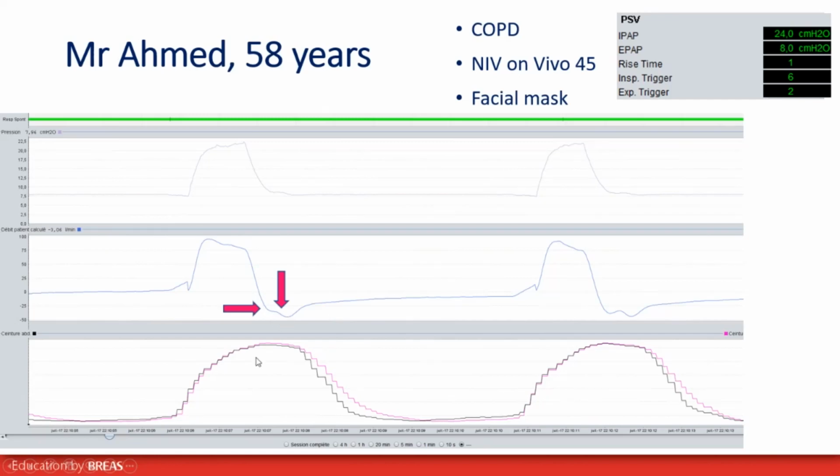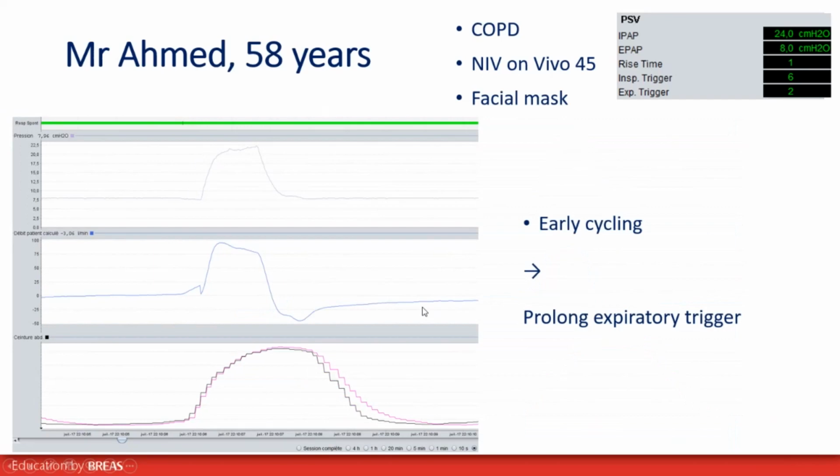And if we look at the belt, we see that the effort of the patient is prolonged beyond the mechanical breath. So it's obvious that the patient effort lasts until here, but the mechanical breath stops or cycles earlier. It's called an early cycling when the breath stops too early as compared to the patient effort.